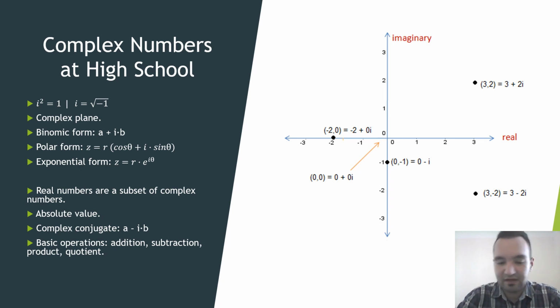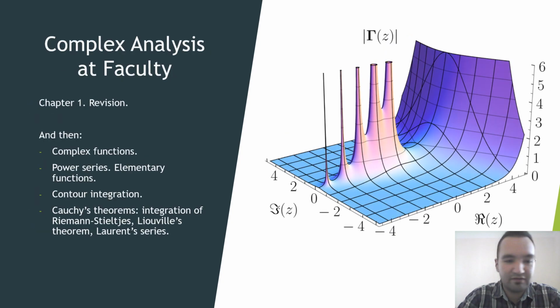However, now in the bachelor, we are not only learning complex numbers; we revise them in chapter number 1 of the subsequent subject, complex analysis. But we also learn other things.